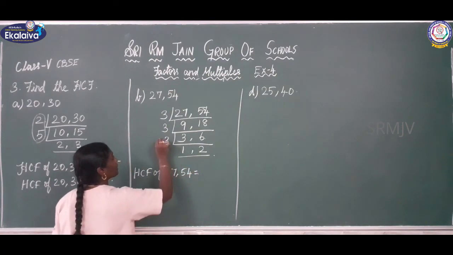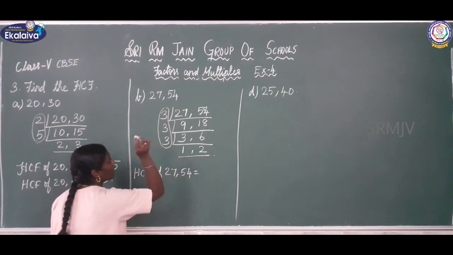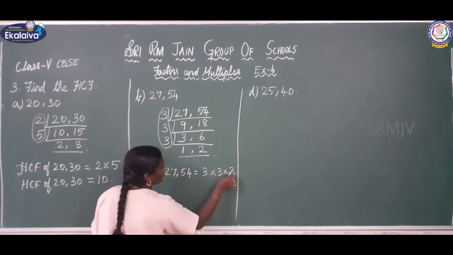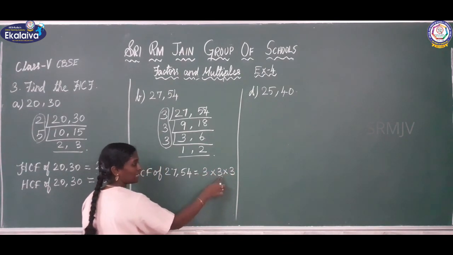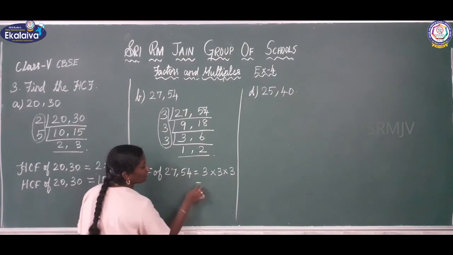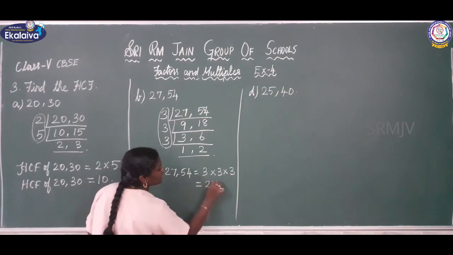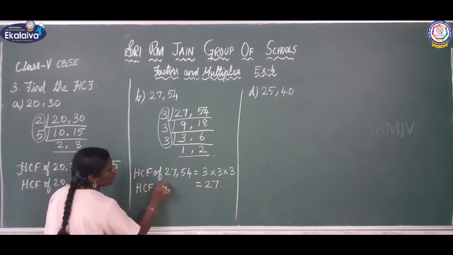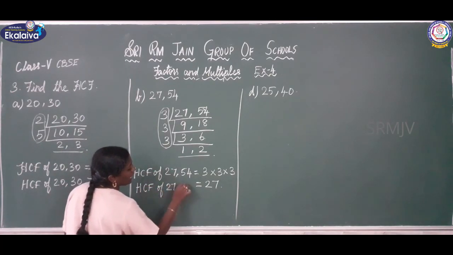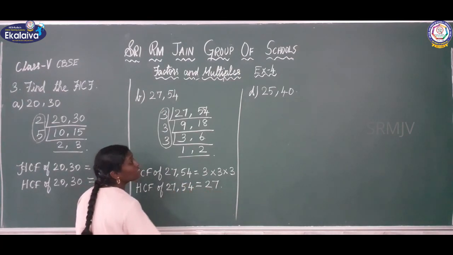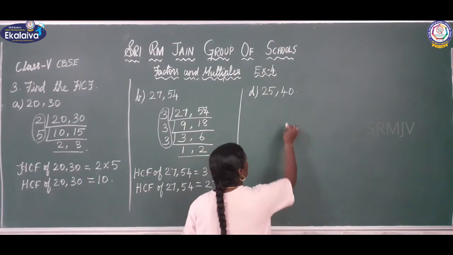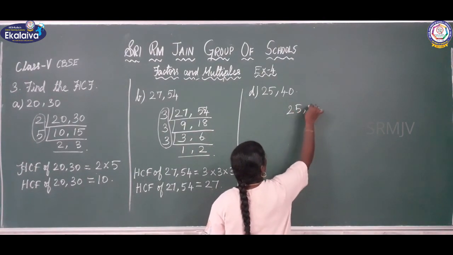We have to multiply all the divisors. 3 into 3 into 3. 3 3s are 9. 9 into 3, 27. So the highest common factor of 27 and 54 is 27. Is it clear? The next two numbers, 25 and 40.